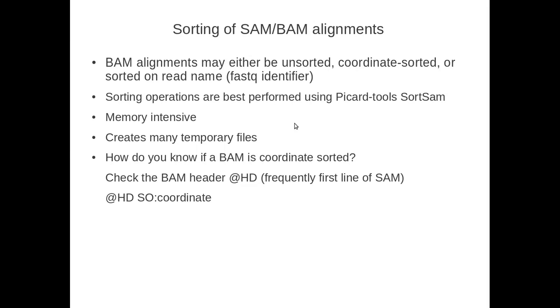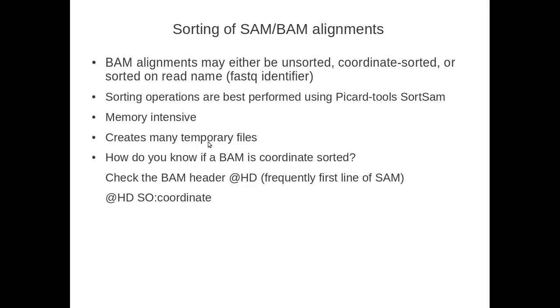From a practical perspective, SortSam in the Picard Tools package is the way to go. Rather than using SAMtools, which also has a sort function, I highly recommend using SortSam. It's memory intensive and creates a lot of temporary files.